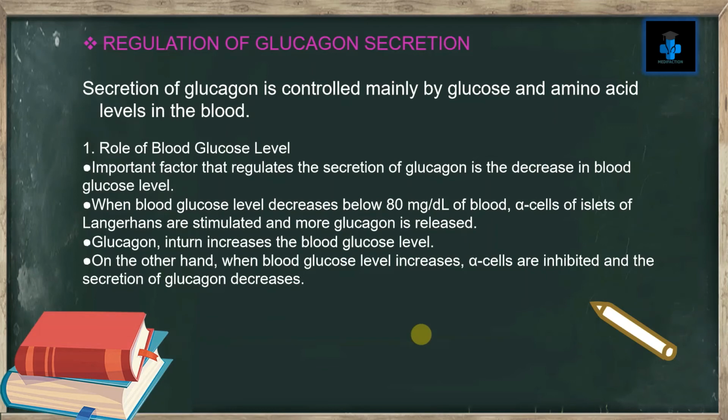When blood glucose level decreases below 80 mg per deciliter of blood, alpha cells of islets of Langerhans are stimulated and more glucagon is released. Glucagon in turn increases the blood glucose level. On the other hand, when blood glucose level increases, alpha cells are inhibited and the secretion of glucagon decreases.